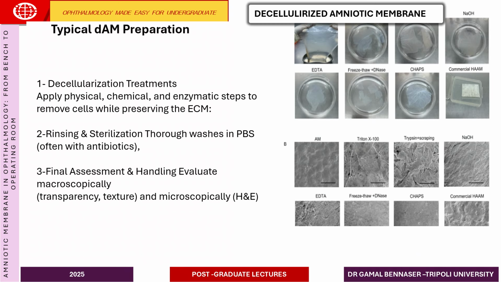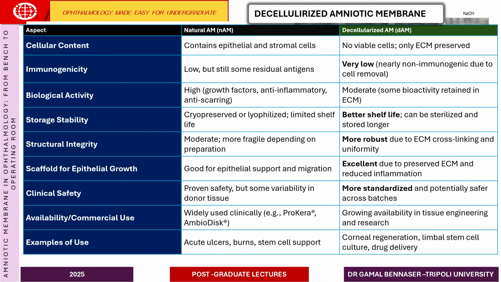So this is, as I said before, a picture of the process of decellularization: after applying the physical and chemical substances to remove the cells, then the process of rinsing, sterilization, and finally the final assessment by electron microscope, or also by staining like hematoxylin and eosin stain.